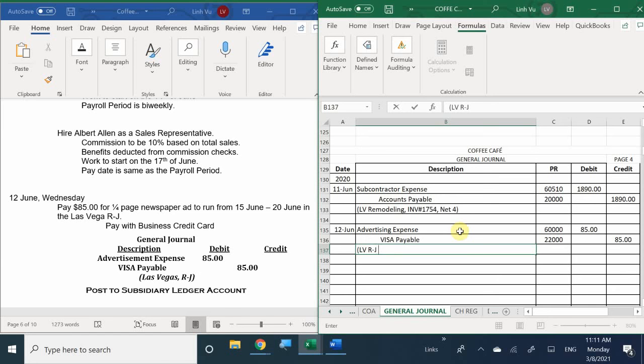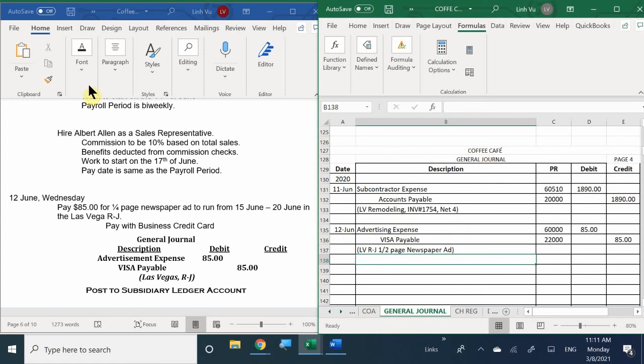You can say details like you ordered half a page newspaper ad. Okay, there you go. Newspaper ad, that's what the advertising expense is for. Nothing else is going to be affected, right? No purchase orders, no deposits, no check written, because I charged it on my credit card.